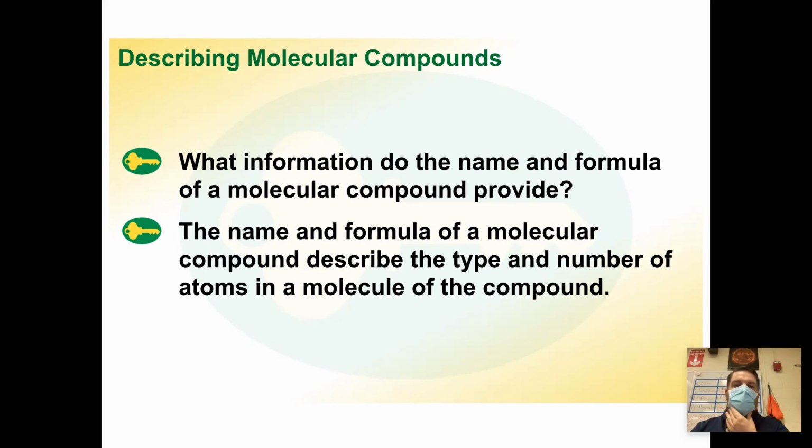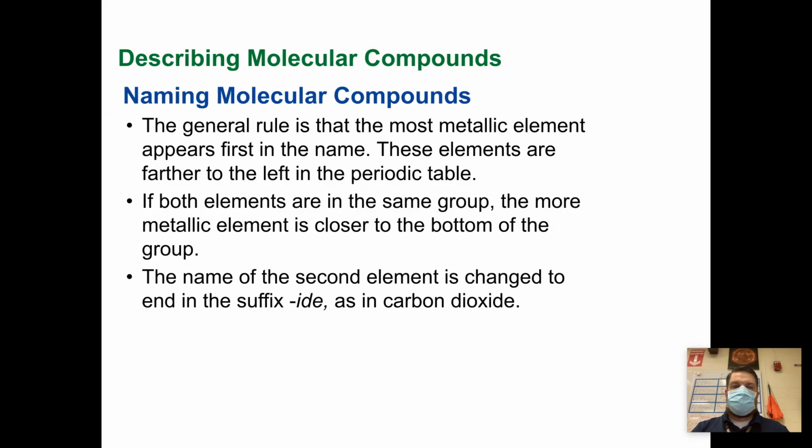So what information do the name and formula of the molecular compound provide? Well, the name and the formula of a molecular compound describe the type and number of atoms in a molecule of a compound. Naming molecular compounds has some key things. The general rule is that the most metallic element appears first in the name.